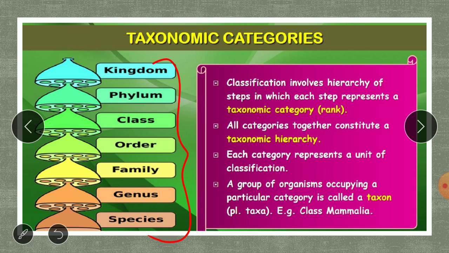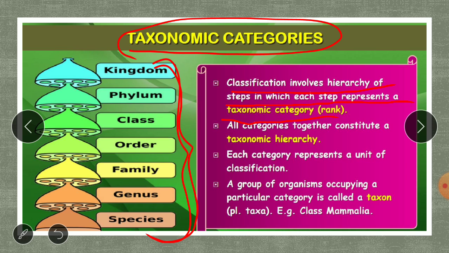Now, first of all, let us see what a taxonomic category is. Classification involves a hierarchy of steps in which each step represents a taxonomic category. Herein, we are going to classify the organisms based upon these categories. Each of these is called a taxonomic category.